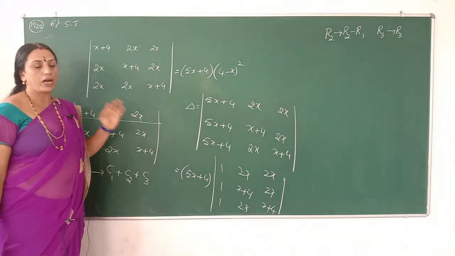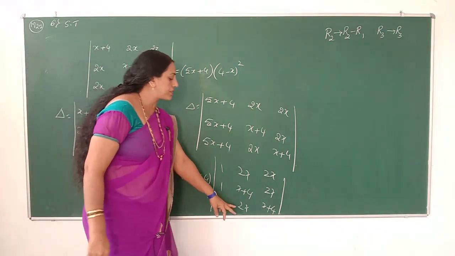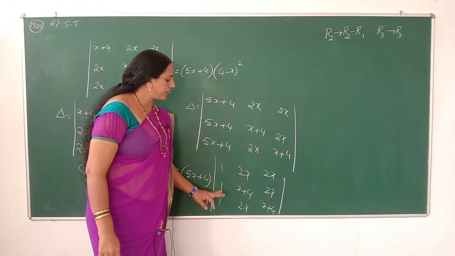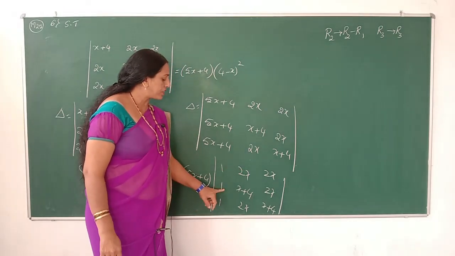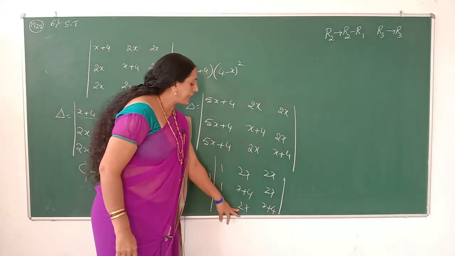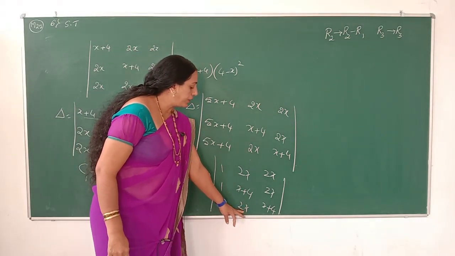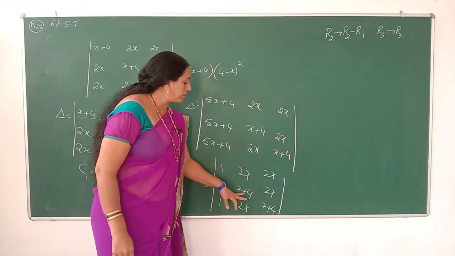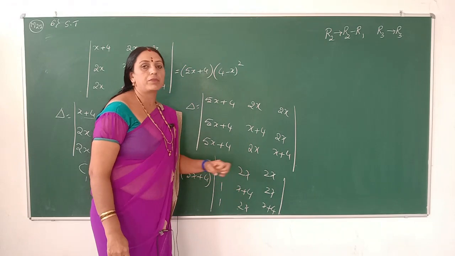R1 or R2. But once we observe the second element of R3, the first element is 1 minus 1 which is 0, and it can be subtracted with either the second row or the first row, it does not alter. But in the second element, after subtraction R3 minus R1 is nothing but 0, but R3 minus R2 gives some other elements.